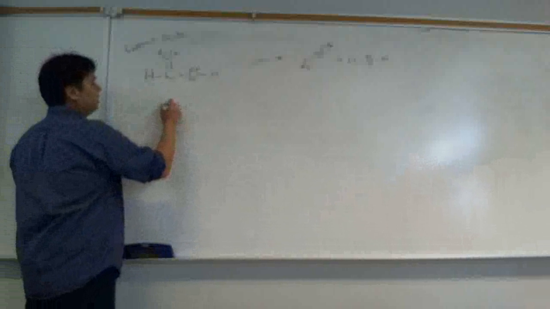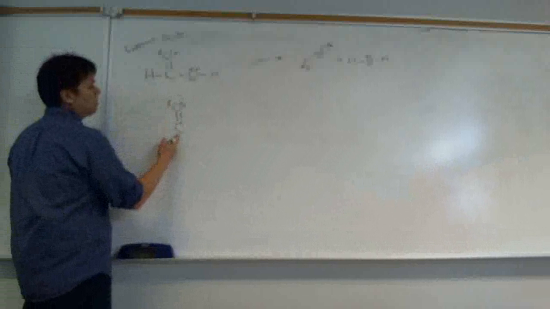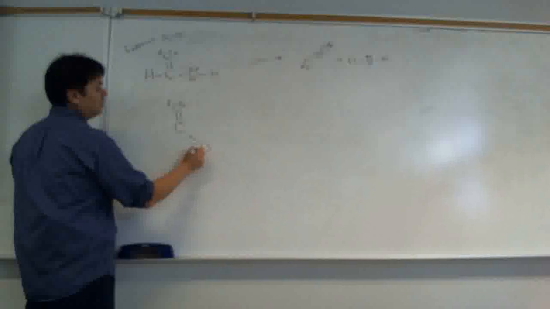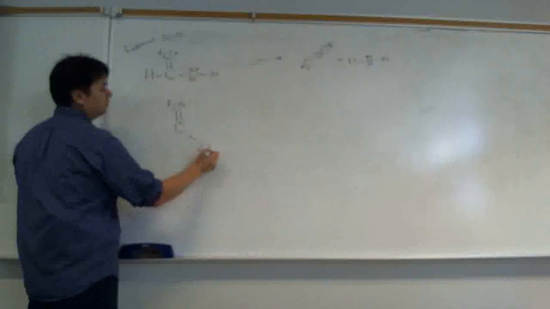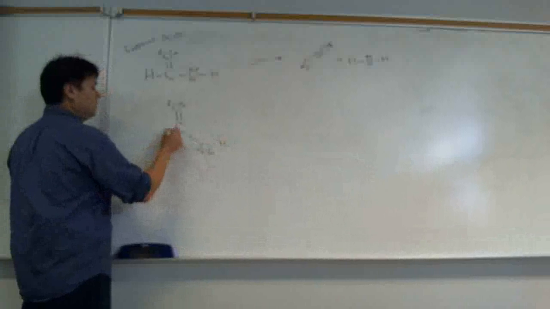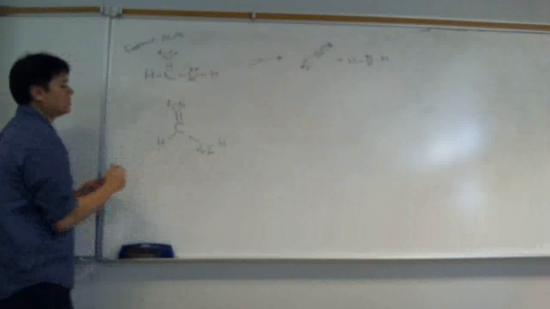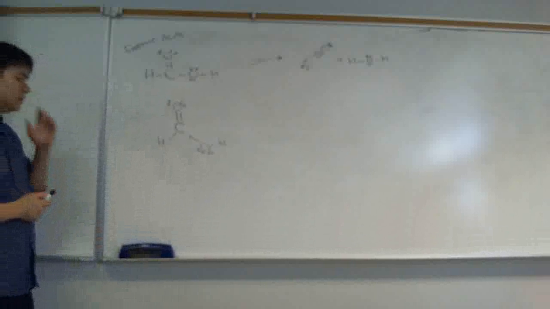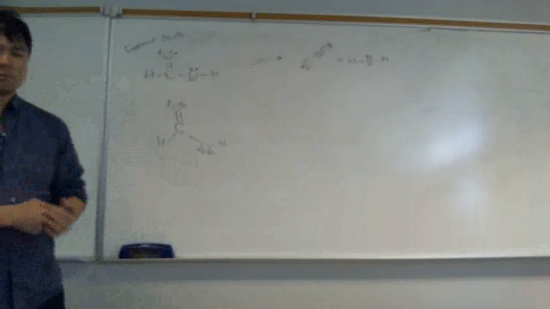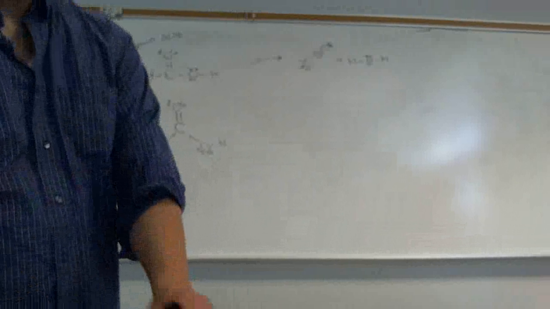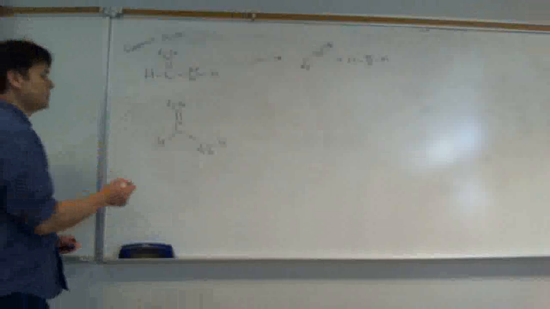If you can imagine formic acid, this carbon should be sp2, and this is an sp3 oxygen, and then this is a hydrogen, an s. So one of the things you might imagine happening is this.